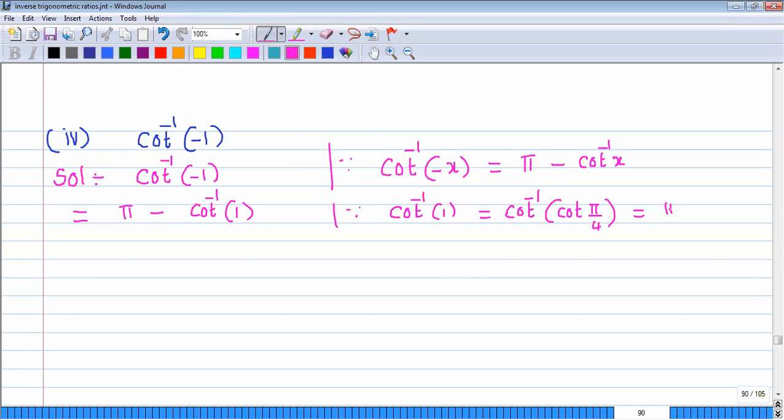This we can write pi by 4, 45 degrees. So this is pi minus pi by 4. So 4 is the LCM, 4 pi minus pi, 3 pi by 4.